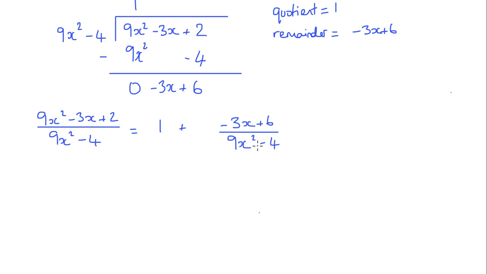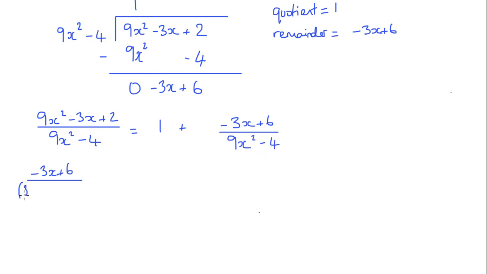But what we can do is split this into partial fractions. So the next step is to now change the minus 3x plus 6 over 9x squared take 4 into partial fractions. Now, if you look at the bottom, that doesn't look like partial fractions in terms of the questions we've seen on the examples I've used so far, but this does factorise into 2 brackets.